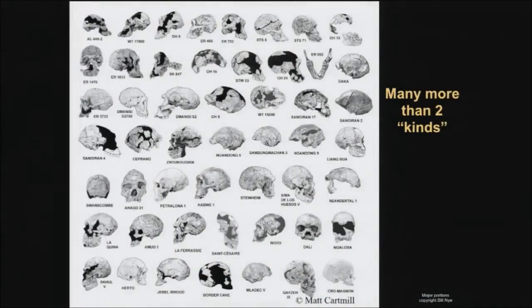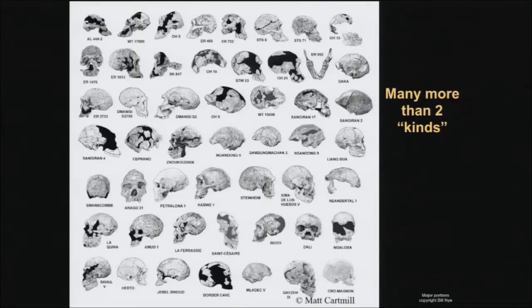Now here's an interesting thing. These are fossil skulls that people have found all around the world. It's by no means representative of all the fossil skulls that have been found, but these are all over the place. Now, if you were to look at these, I can assure you not any of them is a gorilla, right?